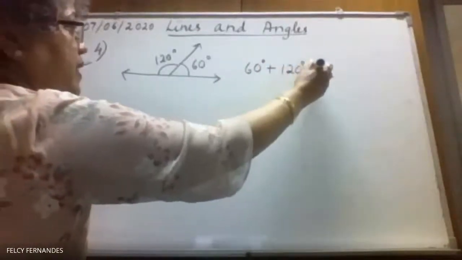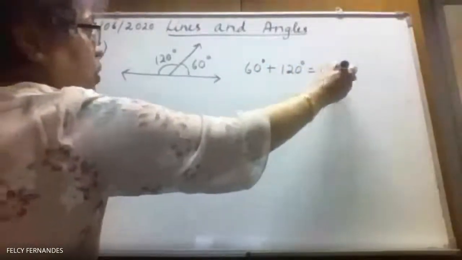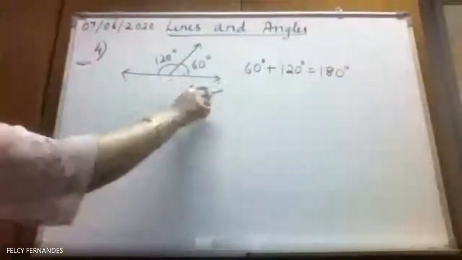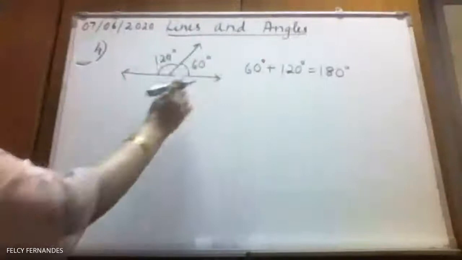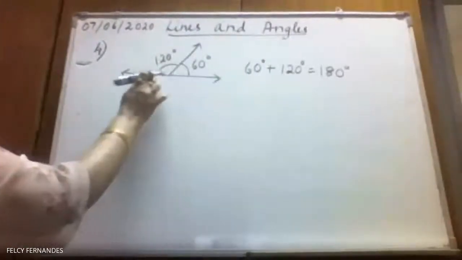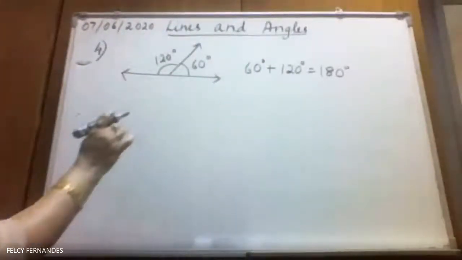That means my two non-common rays over here are opposite rays, one on this side, one on this side, forming a straight line.